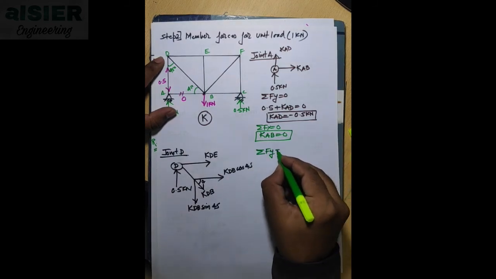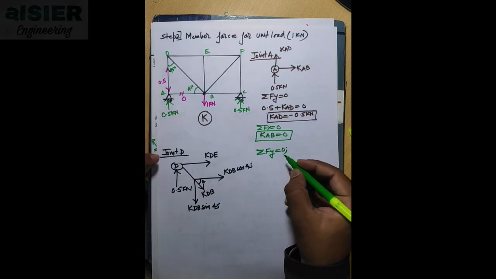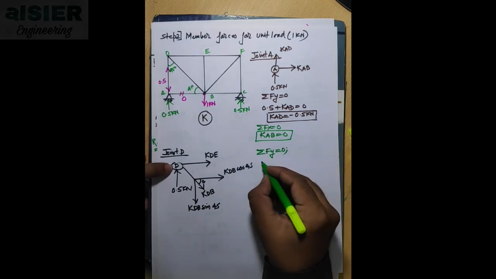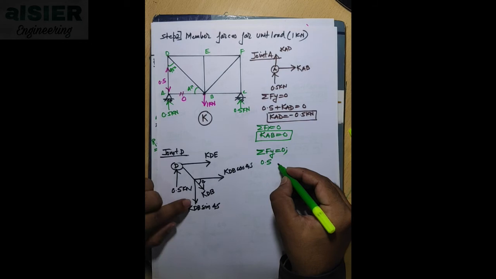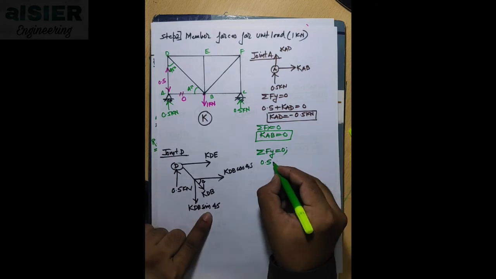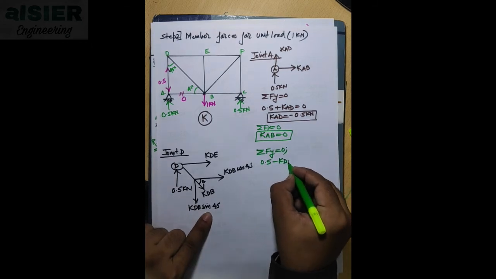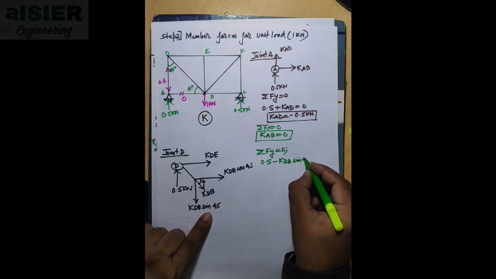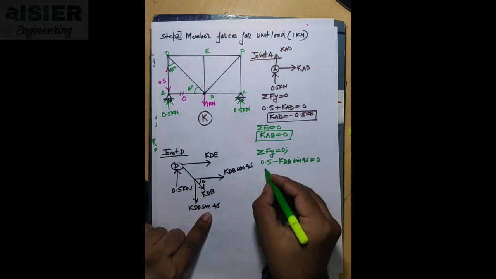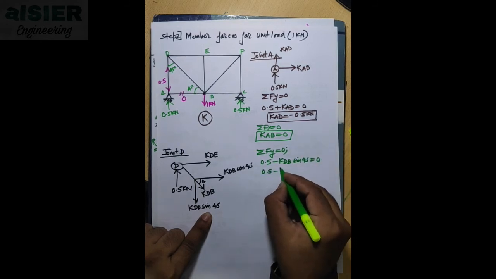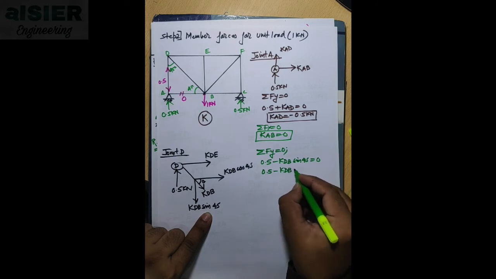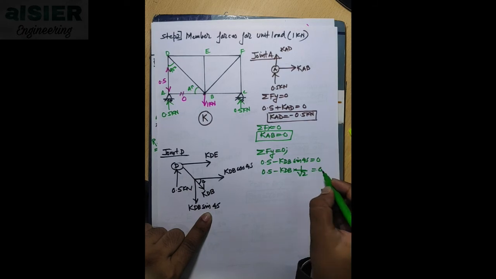Now we will do summation of Fy for this. So 0.5 is going upward, so plus 0.5, and KDB sin 45 is going downward, so minus KDB sin 45 is equals to 0. Now we can write it like this: KDB sin 45 means 1 upon root 2 is equals to 0.5.